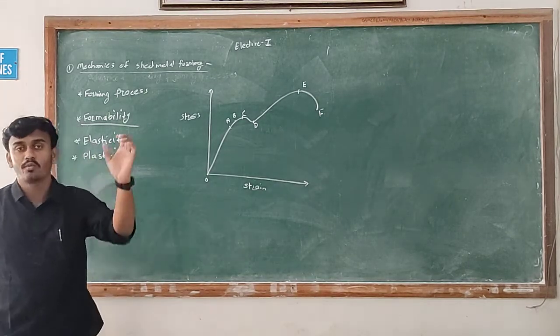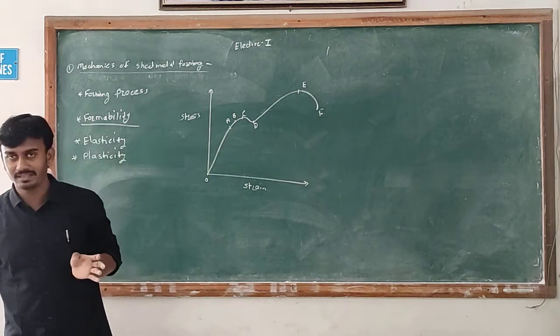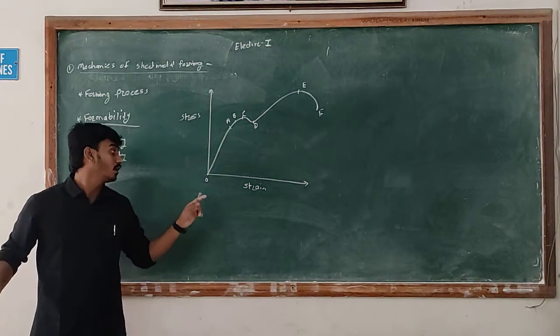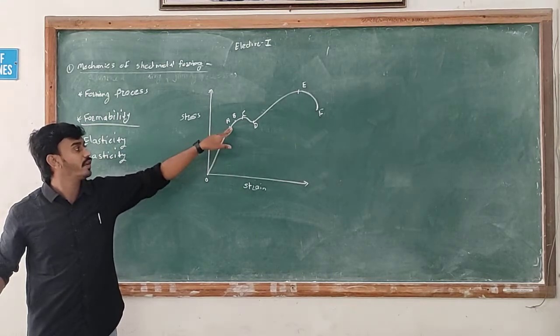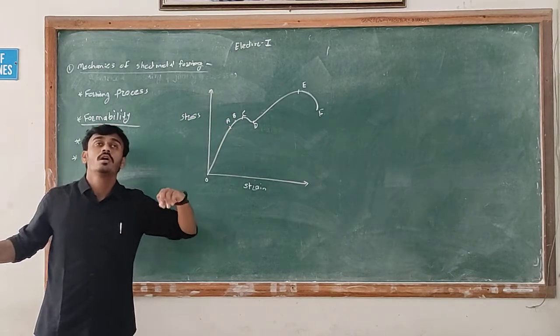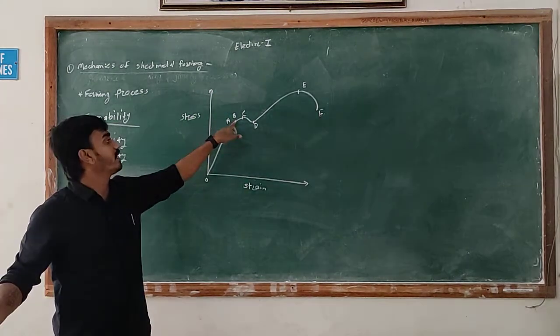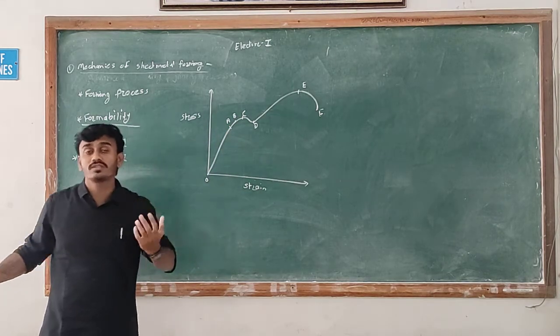When we apply some force on a material, the portion O to A is called the elastic region. When we apply force and it passes from A to B, it converts into its plastic state. Meaning when it reaches this point B, the material will not return to its original shape.